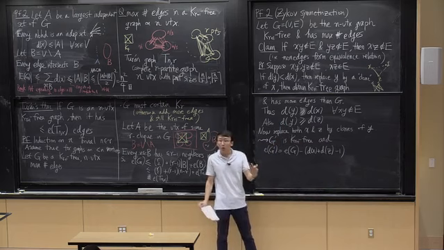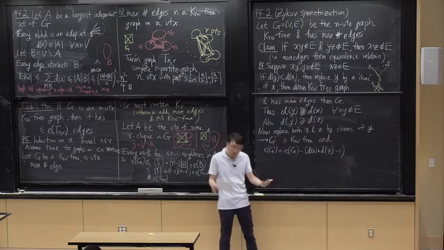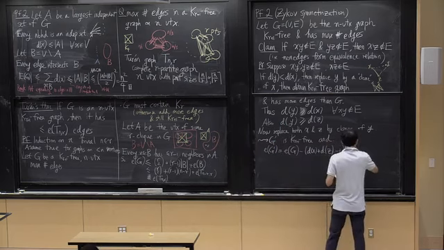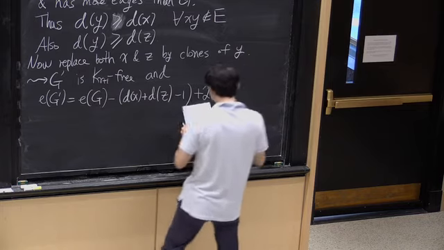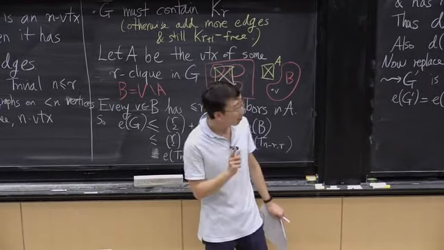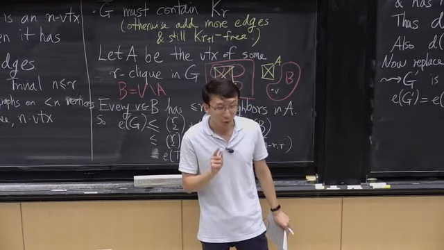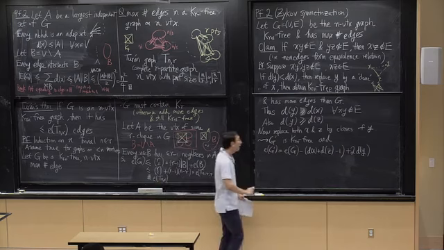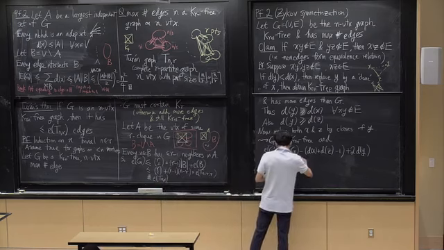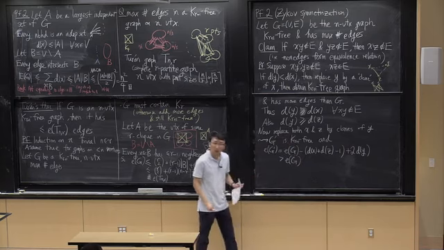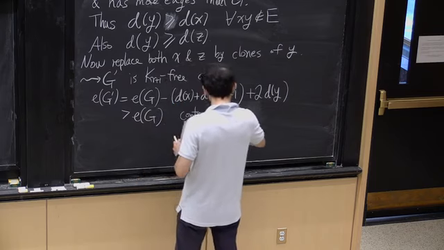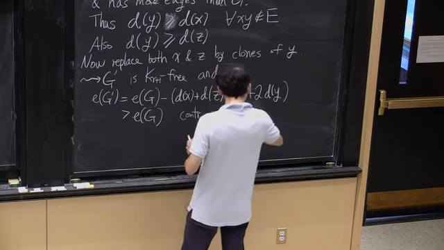But now we also added back in a bunch of edges coming from the clones of y, and there are 2 times d_y edges added back in. And because y has degree at least that of both x and z, we obtain that this number of edges is strictly bigger than that of G, which contradicts the maximality of G.